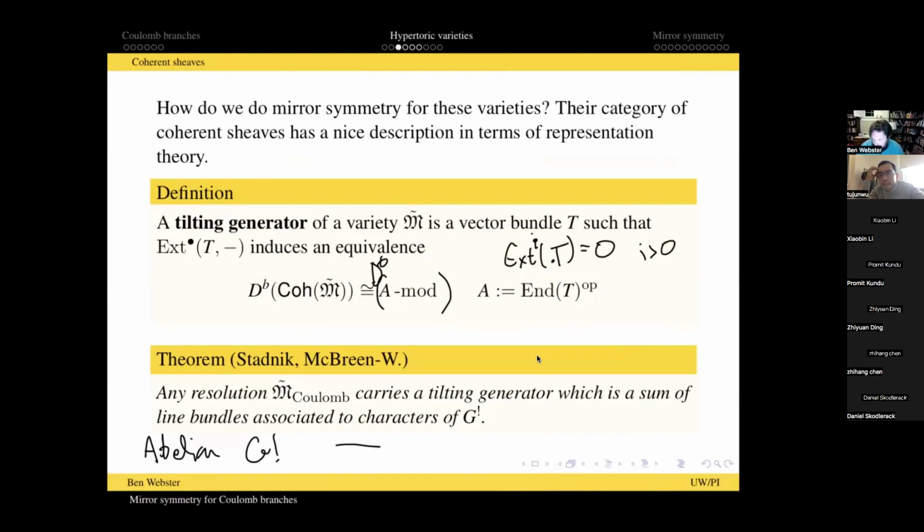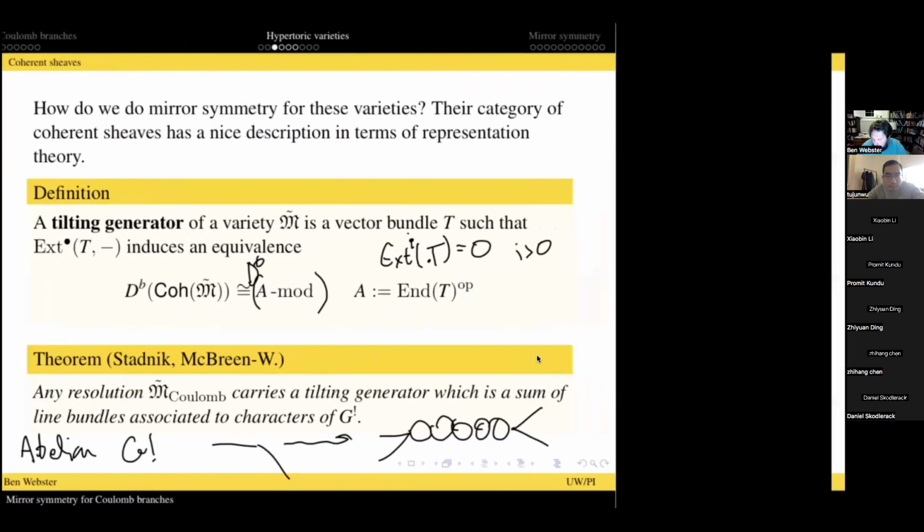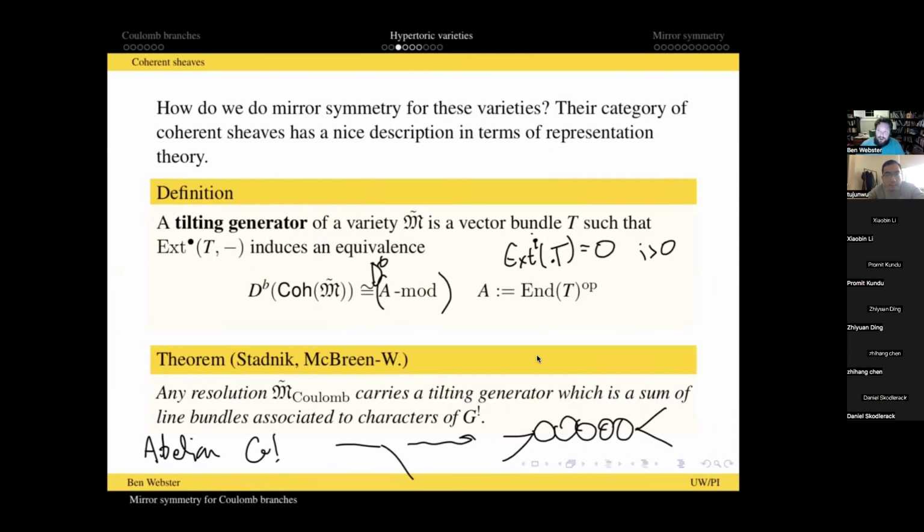That's the kind of picture you should think about: you have the singular guy, and then you resolve and you get a chain of P^1s. And those P^1s are maximal; all the projective subvarieties live inside that chain of P^1s, and it's half-dimensional. I should note here, this algebra A is what's called a non-commutative Crepant resolution.